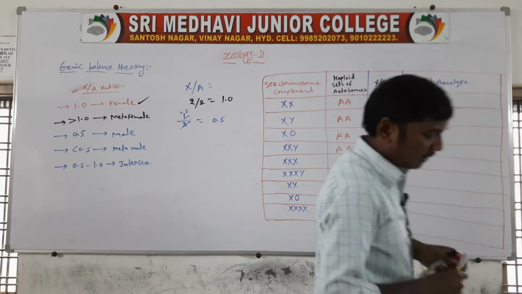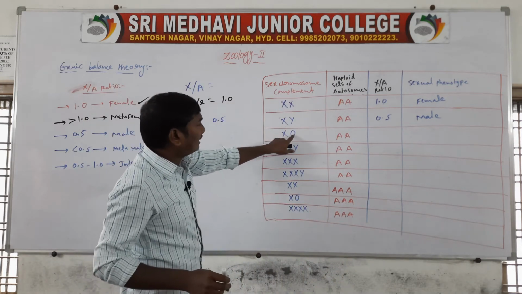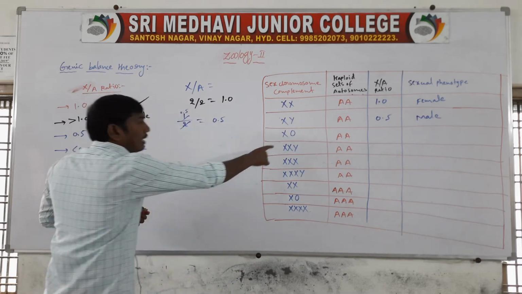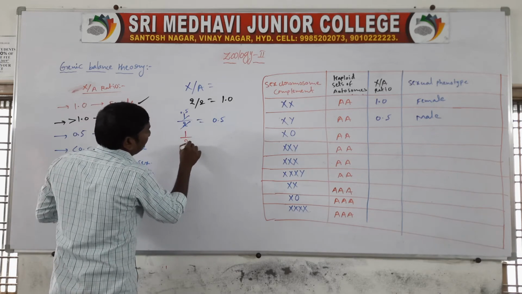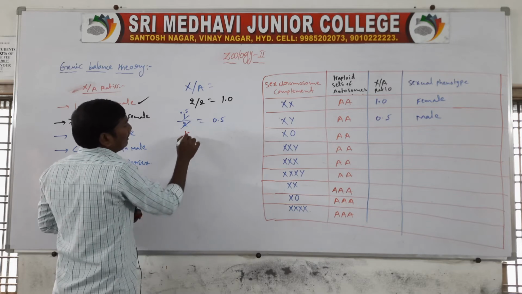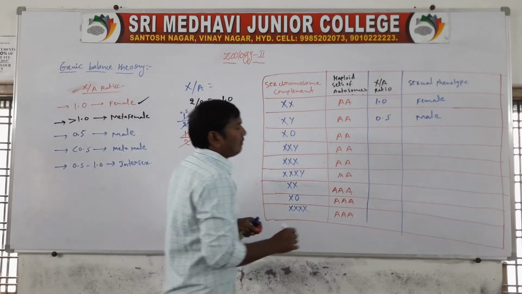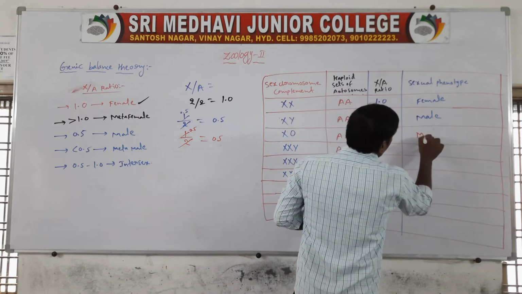Next, the third one, X0, with 2 sets of autosomes. The number of X chromosomes is only 1, and the number of autosomes is 2, so 1 by 2 is 0.5, which means male.